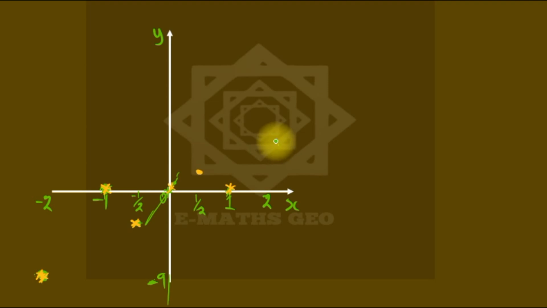Let's assume here is 4. With that, we can join our points. So let's join. We are sketching.